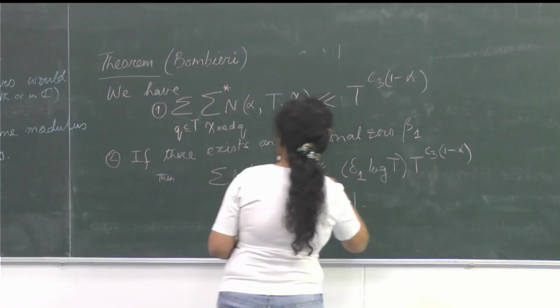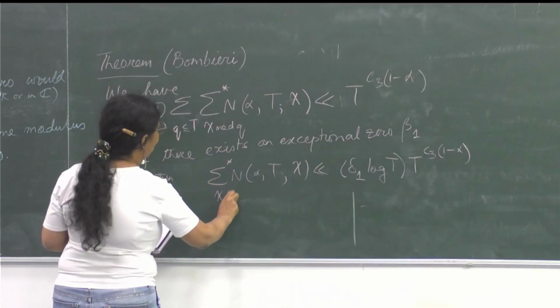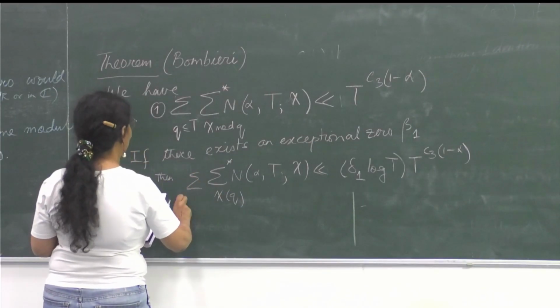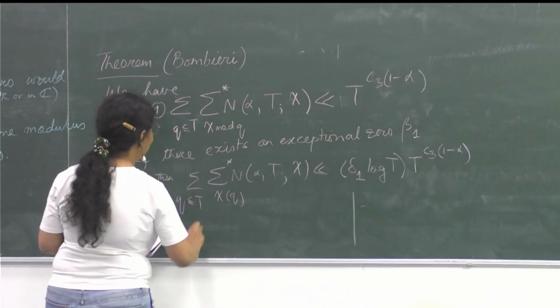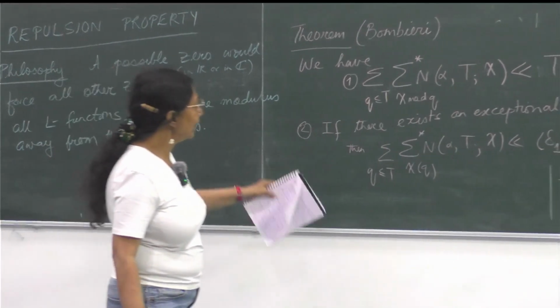Now, I have to tell you what this chi mod q is, and this q, which is bounded by T.